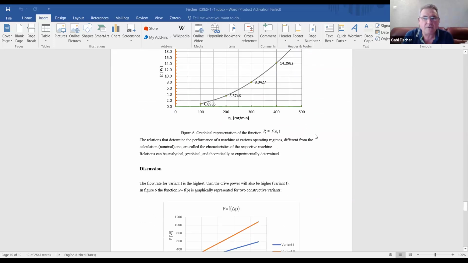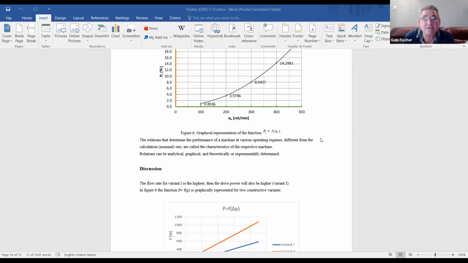So after all of this, the relations that determine the performance of this machine and the various operating regimes, the different forms of calculations, are called the characteristics of the respective machines.